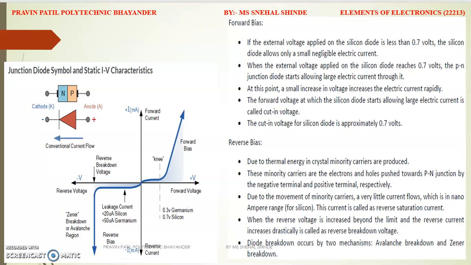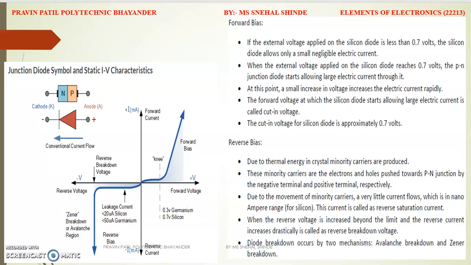The forward voltage at which the silicon diode starts allowing the large electric current is called the cut-in voltage. The cut-in voltage for a silicon diode is approximately 0.7 volts.